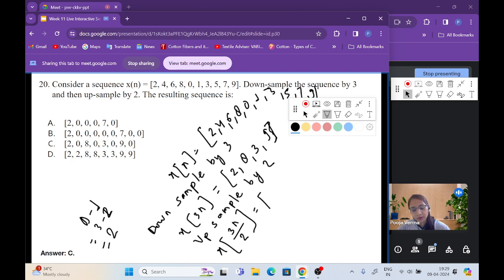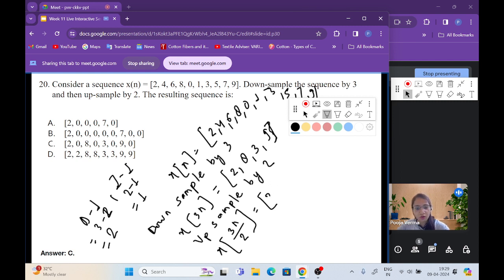So what we will need to do? Upsample by 2. So between the two sequences we need to add I minus 1 zeros. So I is given as 2, minus 1, that is 1 zero. Between these sequences we need to add 1 zero.